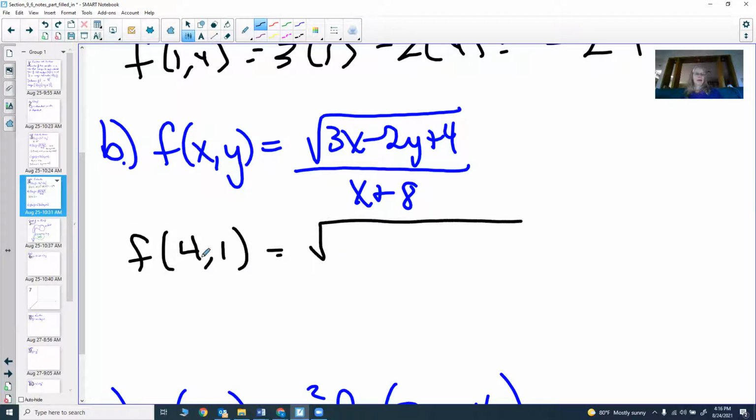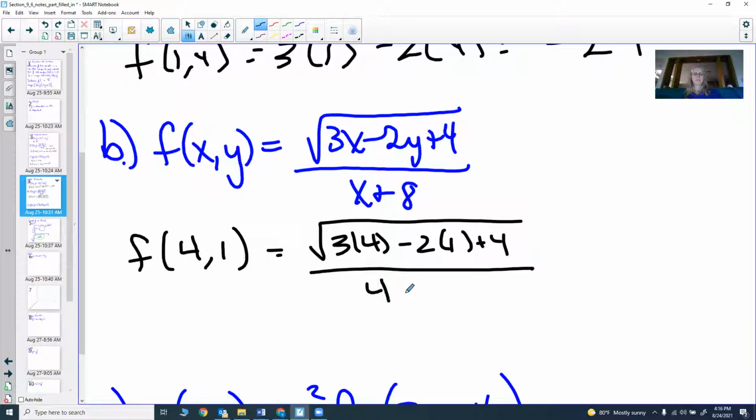So again, everywhere I see an x, I'm going to put a 4. Everywhere I see a y, I'm going to put in a 1. So that gives me 12 minus 2 is 10 plus 4, the square root of 14 in the top over 12 in the denominator.